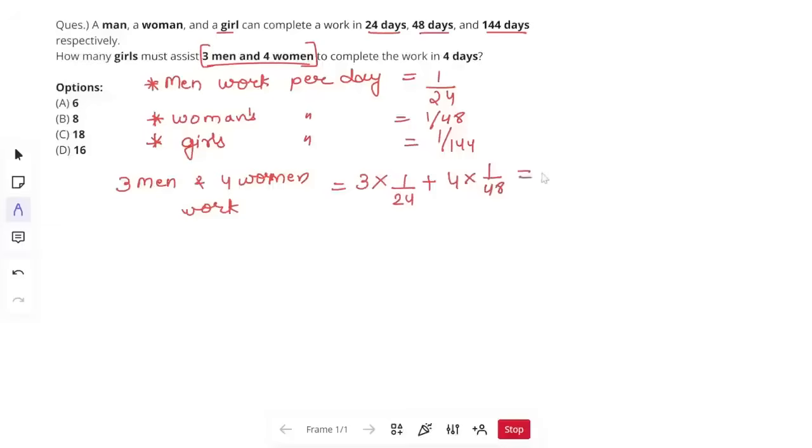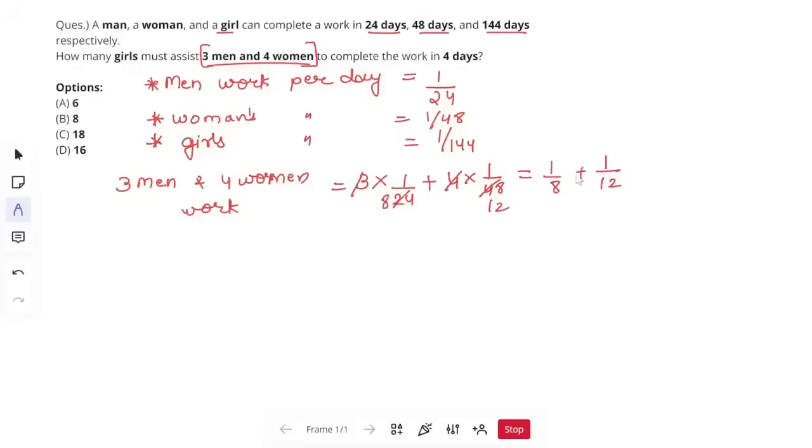If you simplify it, it is going to be 1 by 8, because 3 and 24 will cut by 3, plus 4 and 48 will cut to 1 by 12. So that is 1 by 8 plus 1 by 12.